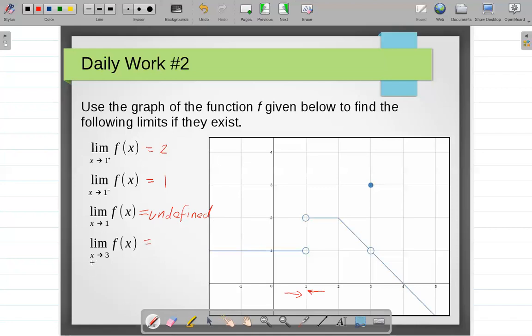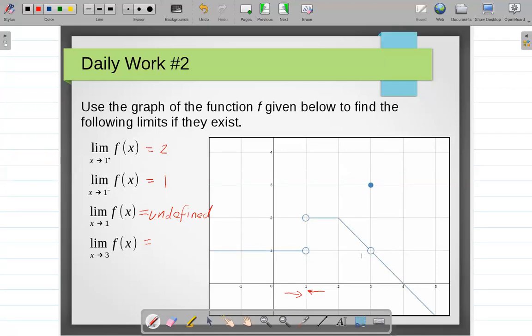And similarly for this one, when x approaches 3, it doesn't matter whether from the left or right, it's going to approach the same point.